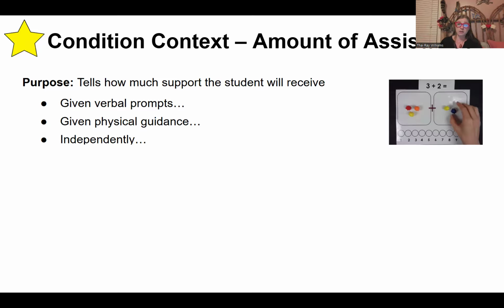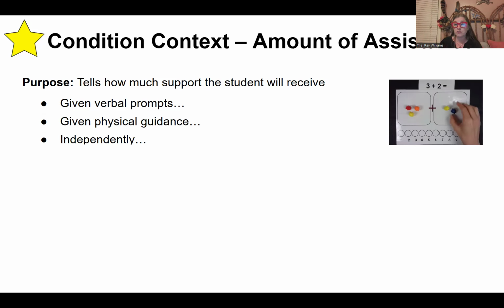So it might be that the student can't do it independently, but what we want them to be able to do is to perform the skill correctly when we give them verbal prompts. Can't do it by yourself independently yet, but we want you to be able to do it with verbal prompts, because perhaps before we were giving you full physical assistance and now we're fading it to less assistance.